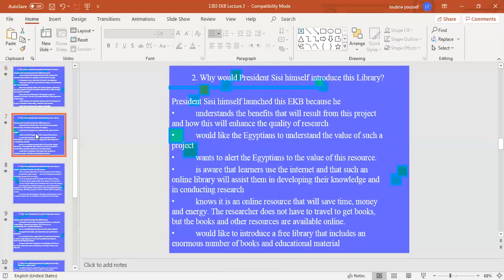Now, the following slide introduces more answers, all right? He is aware that learners use the internet and that such an online library will assist them in developing their knowledge and in conducting research, all right? That's one of the possible answers.